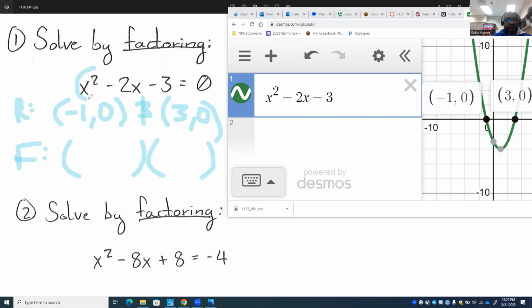So this is x squared, and the only way I can get x squared is by multiplying x times x. So I know that I'm going to begin with an x here and an x here. This is negative 1, so it turns into plus 1. This is 3, so it turns into minus 3. All I did was switch around the signs. And my answer is x plus 1 multiplied by x minus 3. That's the answer to the first one.